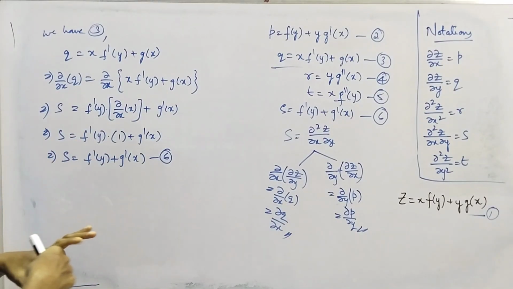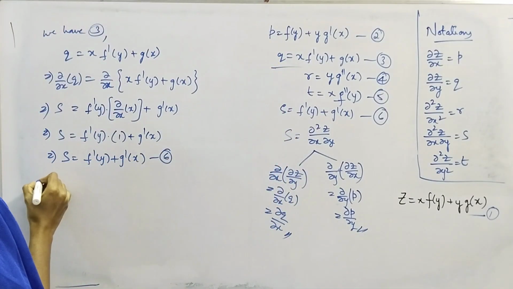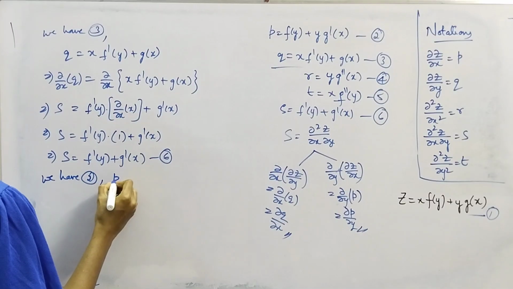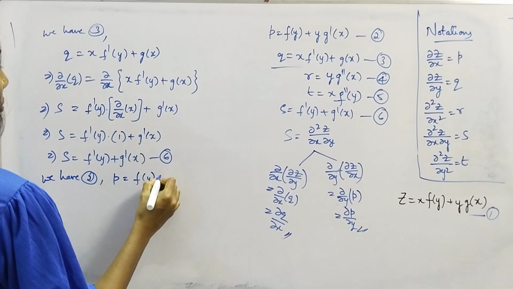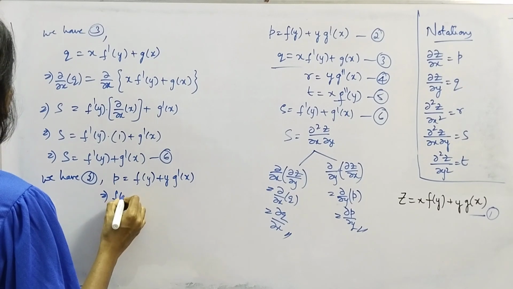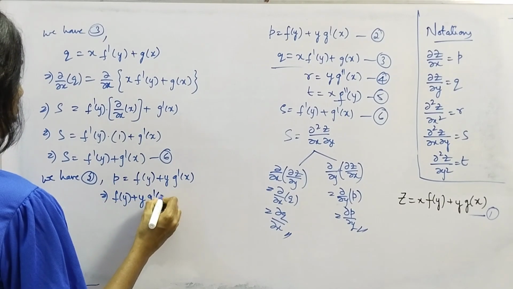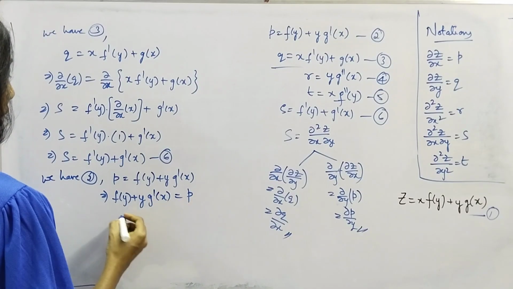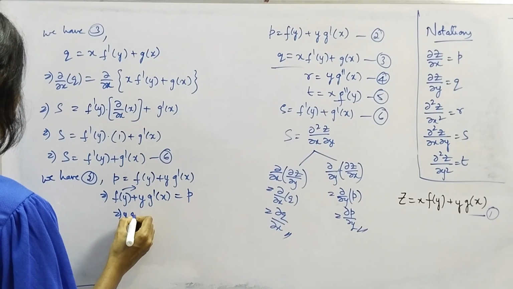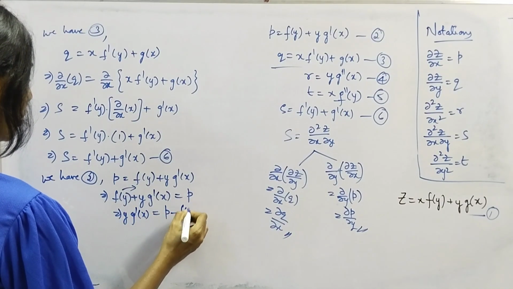Okay, right now we have equation 2, that is p equal to f(y) plus y into g'(x), right? Or we can write this as f(y) plus y into g'(x) equal to p. Now take this term to the RHS, you'll get y into g'(x) equal to p minus f(y).